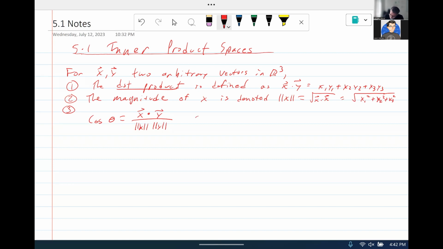And this theta is an angle between x and y such that 0 is less than or equal to theta, which is less than or equal to 180.